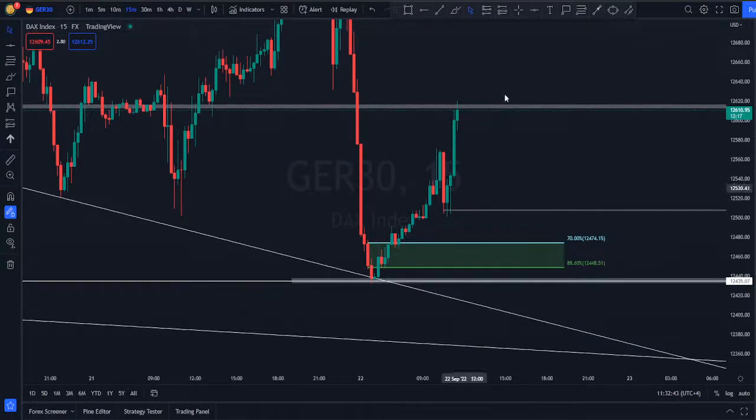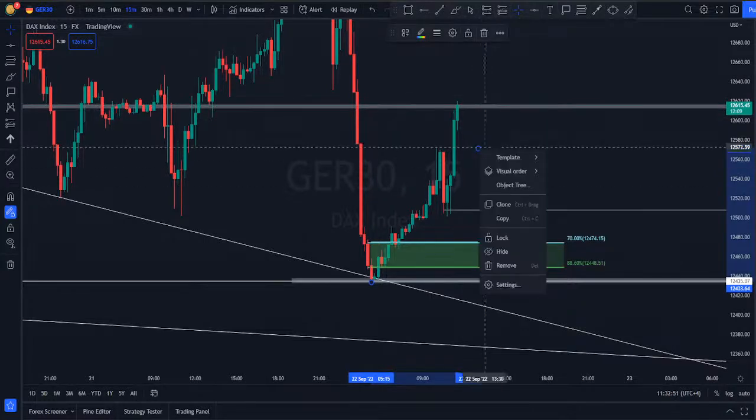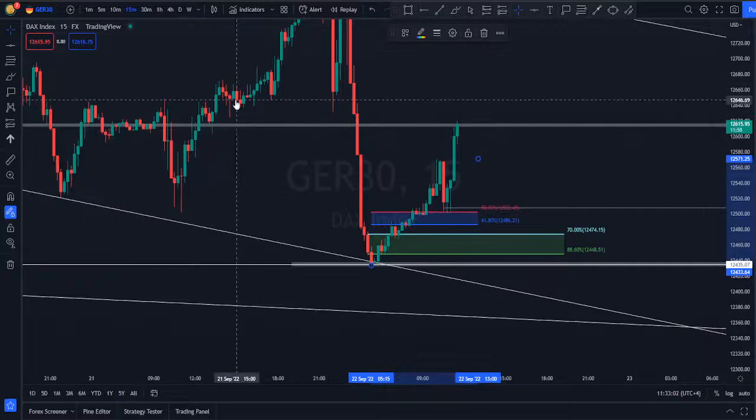Is this a retracement enough? Don't get me wrong. Let's find out whether this is actually a retracement enough from this low to this high. Then we change the template to maybe this one. Yeah, see, it's retracement enough. This is 50% fib, so it's more than enough. Excuse me, 1 second.